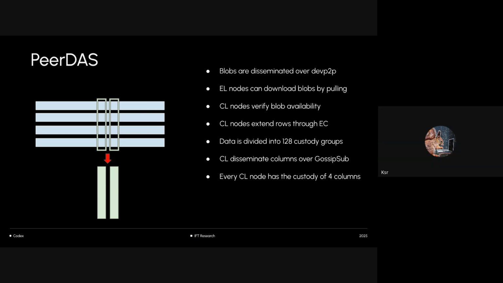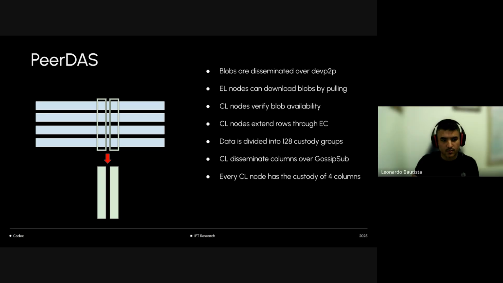Do you use IWANT, so the Gossip Sub internal mechanisms, or is this something outside of Gossip Sub that you use to request that specific data? So right now we already implemented IDONTWANT in most of the clients.